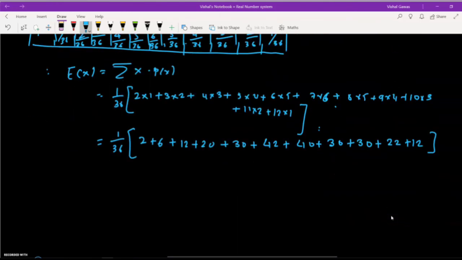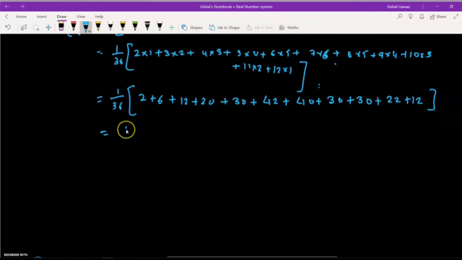How much would this be? This would be equal to 1 over 36. This would be 8, 20, 40, 70, 70 and 40 is 110, 152.